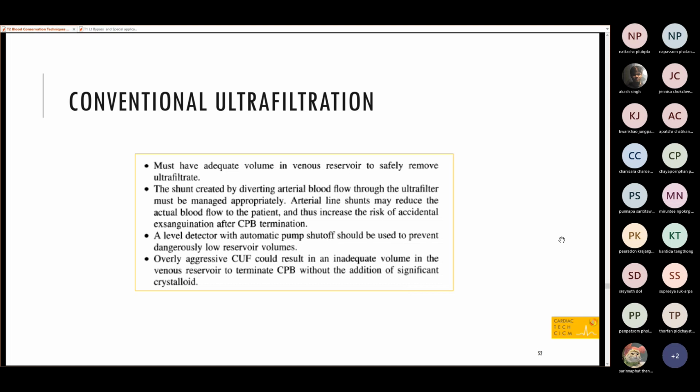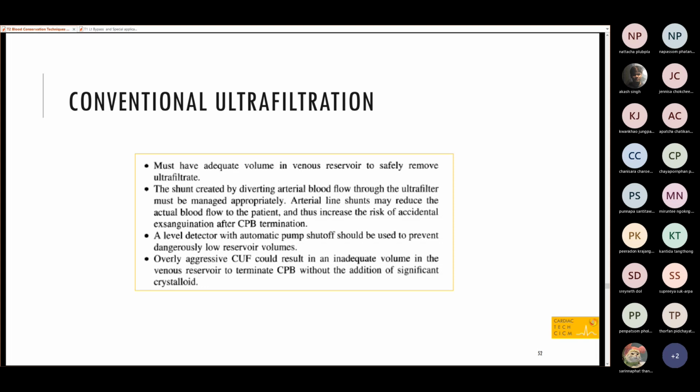Okay, what we need to concern ourselves with from the cuff: firstly, because we have separated the volume, we need to make sure that we have enough volume in the circuit and the system.